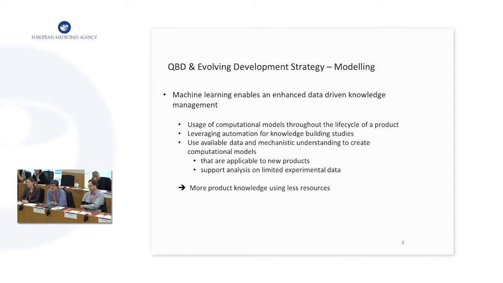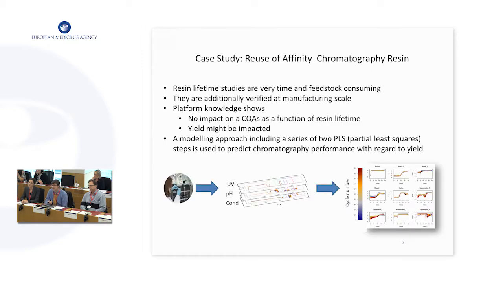So in essence, we will use the available data and the mechanistic understanding to create these computational models. And we want to apply this for new products, where we may have a limited data set, and support the analysis based on these limited data sets. So I think in essence we will get better and more product knowledge using fewer resources.